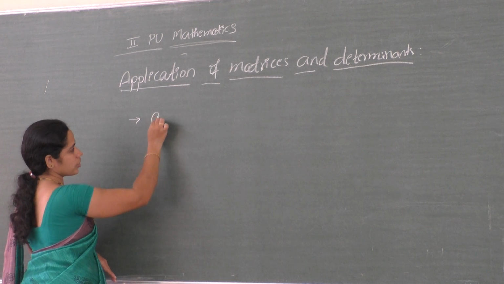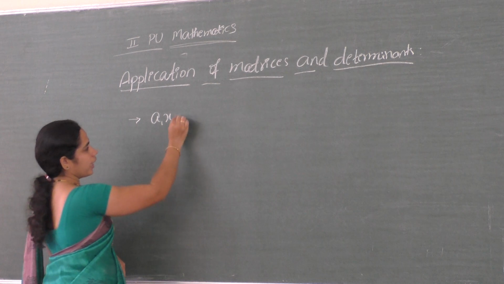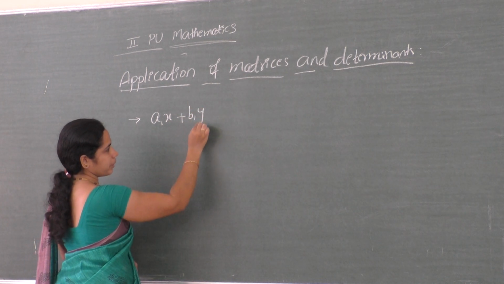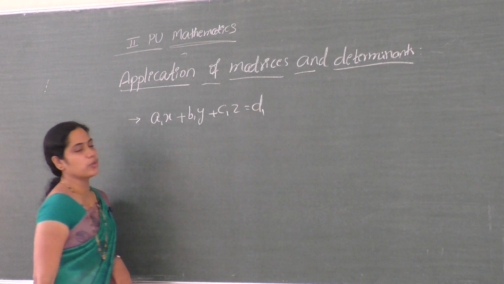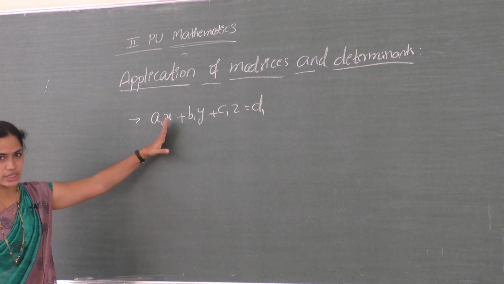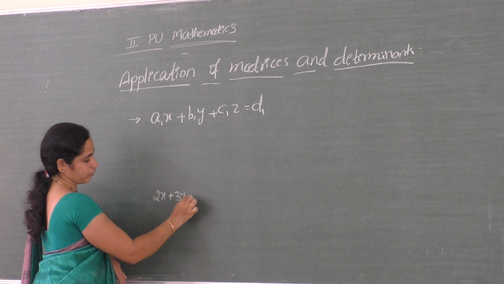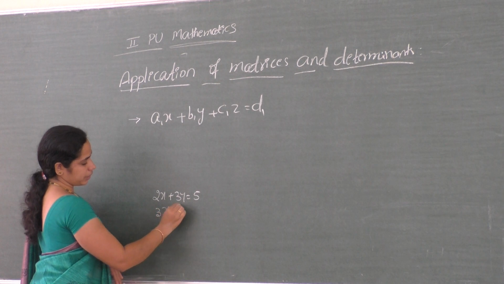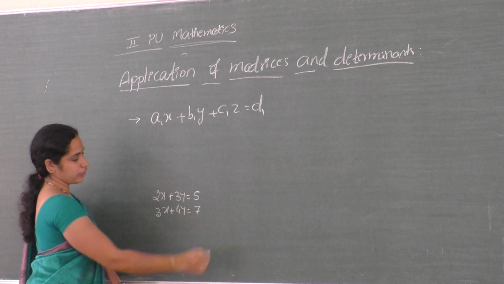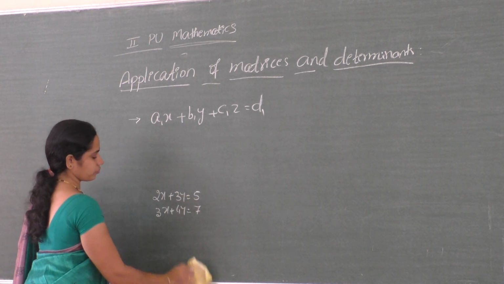A system of equations means a system of linear equations, a1x plus b1y plus c1z equal to d1. Any equation in general, for example 2x plus 3y equal to 5, 3x plus 4y is equal to 7, like that. These are linear equations.